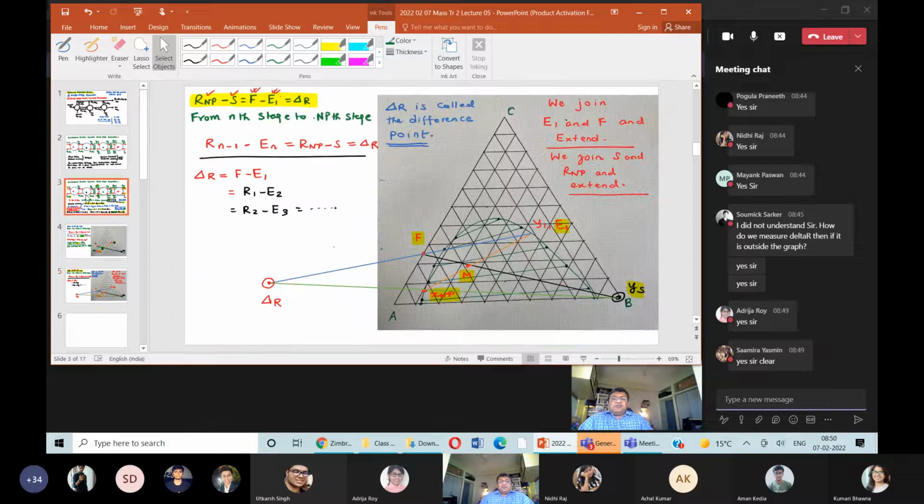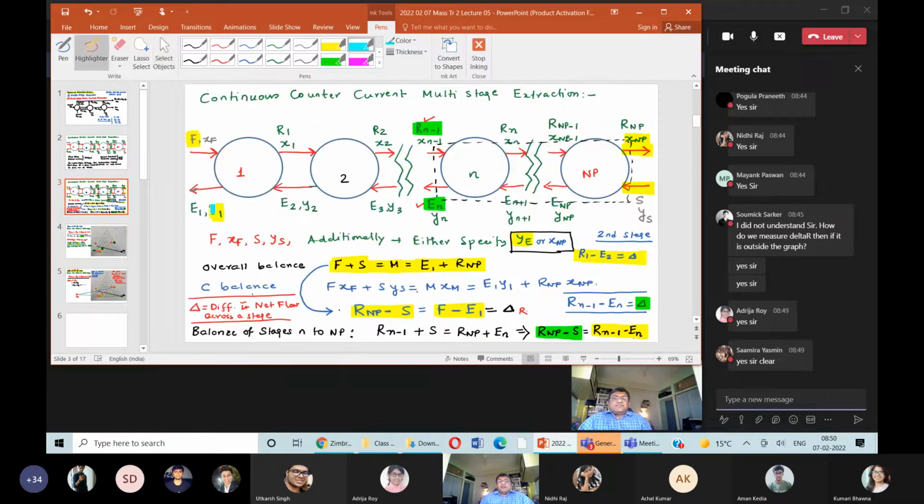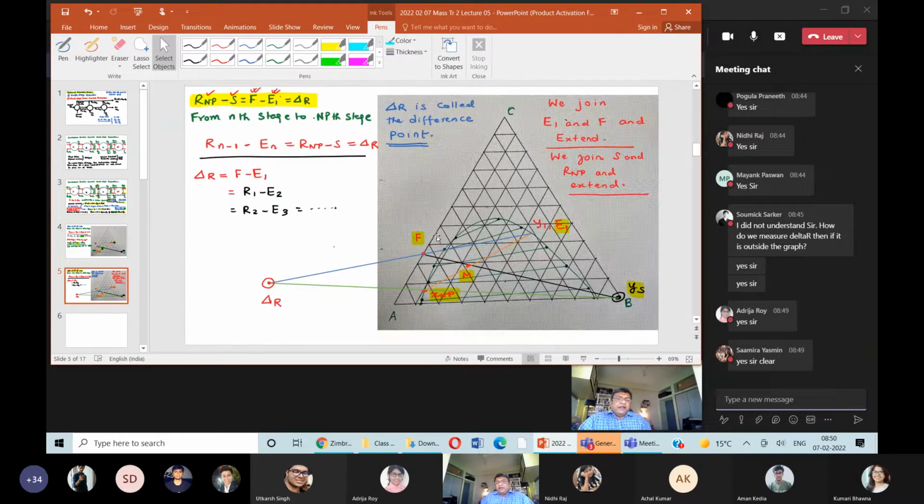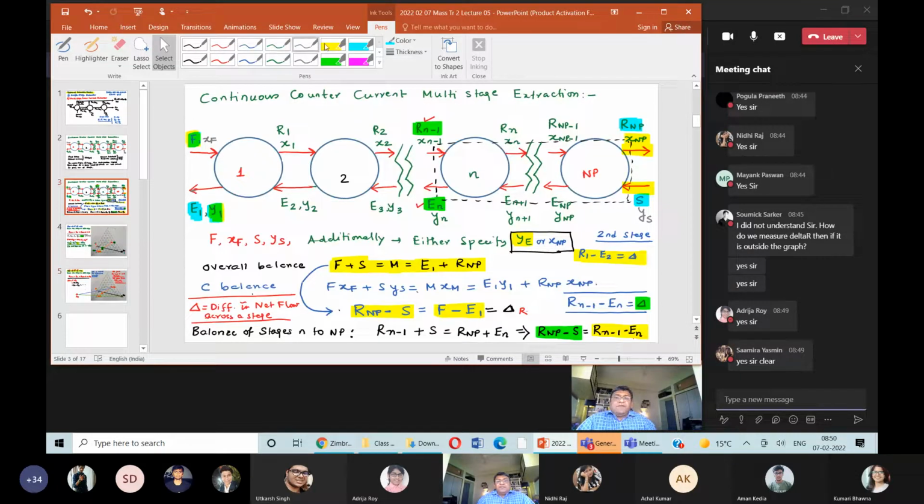So this difference equation involves E1 and F at one end, and R_NP and S at the other end. Right? Now my question is, E1 is known. Can the class locate the point R1 now? R1 is the raffinate that is coming out of the first stage.